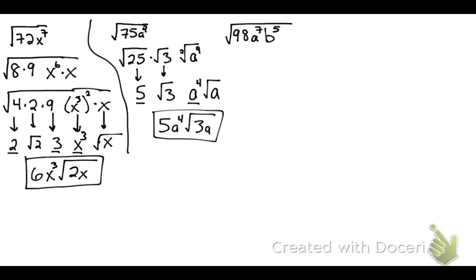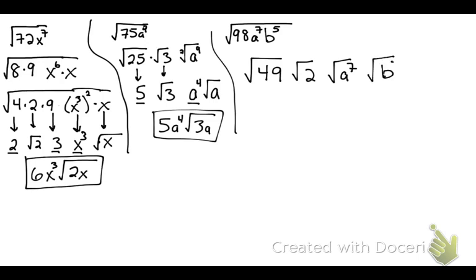One more like this. The square root of 98a to the 7th b to the 5th. Well, 98 is 49 times 2. I'm going to use the Orndorff method on these a's and b's. That's pretty much how I think about it almost every time. The square root of 49 is 7. The square root of 2.